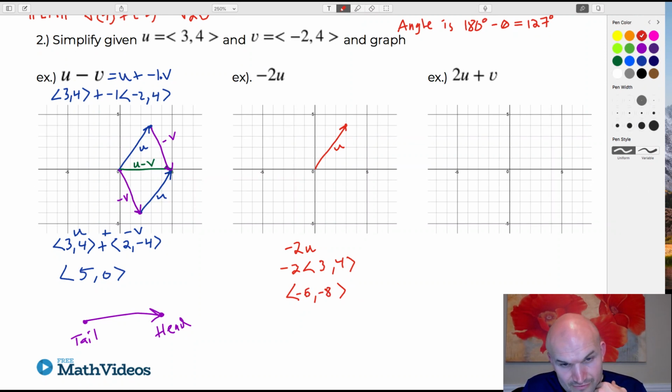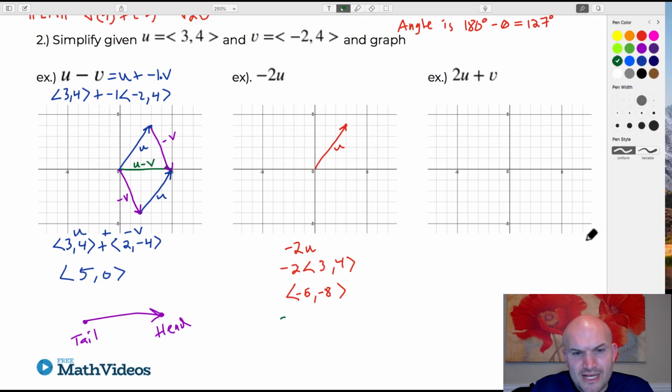Now I don't have enough room for this to go down, but what you can see is if I was just to do negative u, that gives us a negative 3 comma negative 4. Actually, let's do this in a different color. Let's go back to that green.